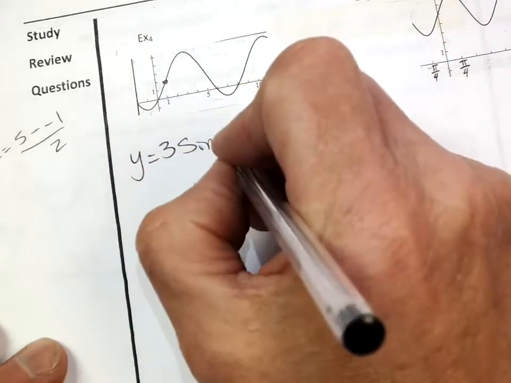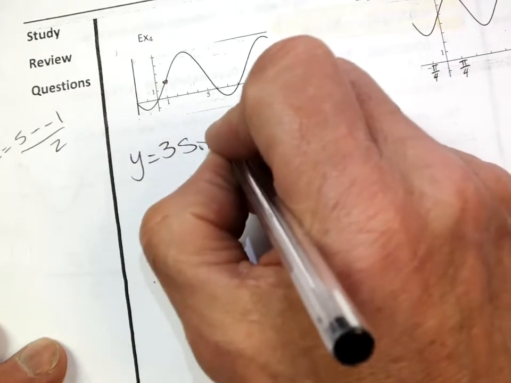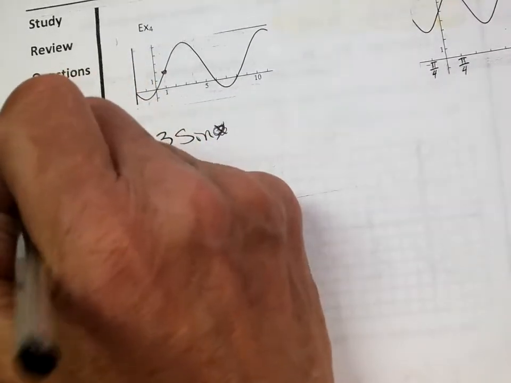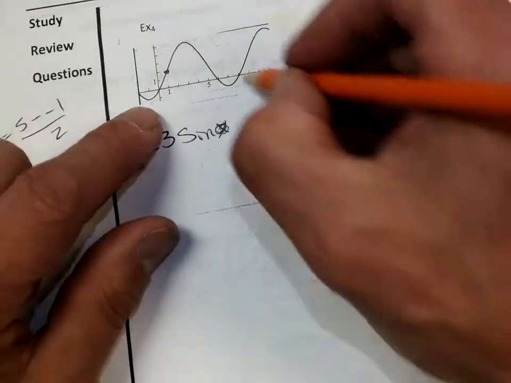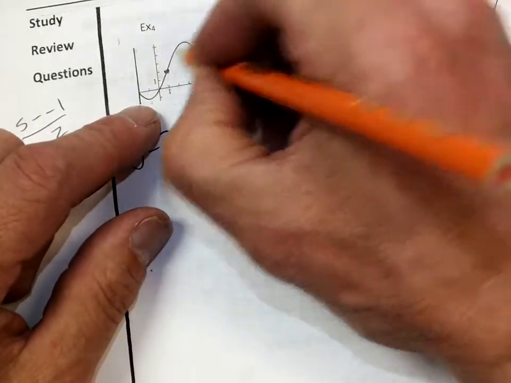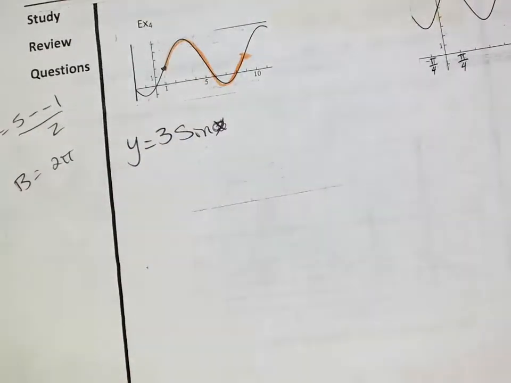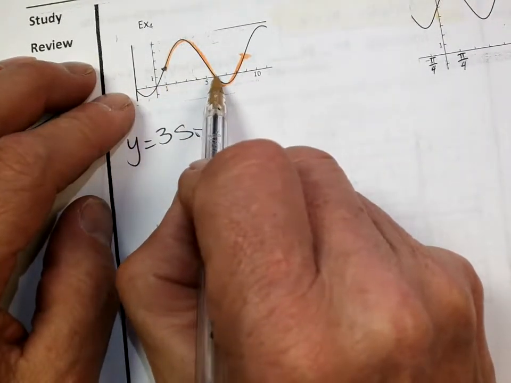Okay, let's put an x variable. Forgive me, I've got to find b. So b, 2 pi divided by, well, how wide is a curve? Looks like we're going to go from there to there, right? Let's count it: 1, 2, 3, 4, 5, 6, 7, 8.